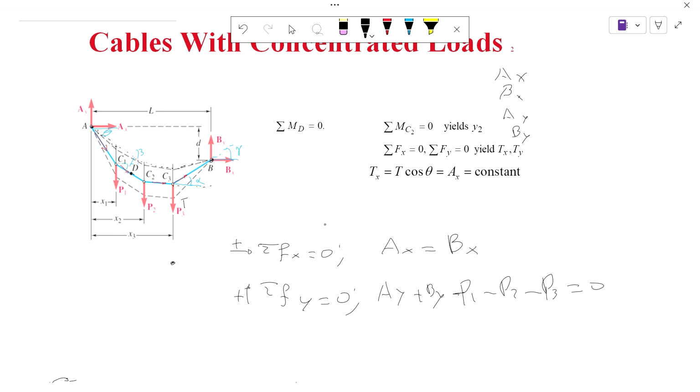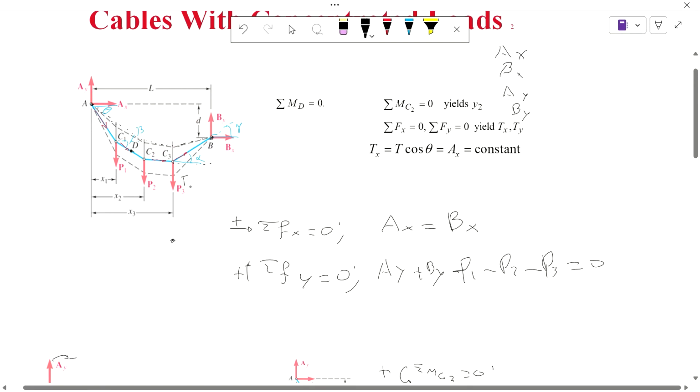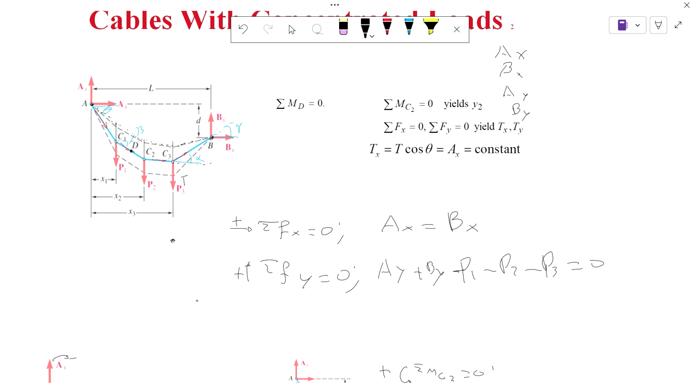But what we can do is do summation of point B. If we want to find AY and BY and AX and BX, let's do summation of moments at point B equals 0.